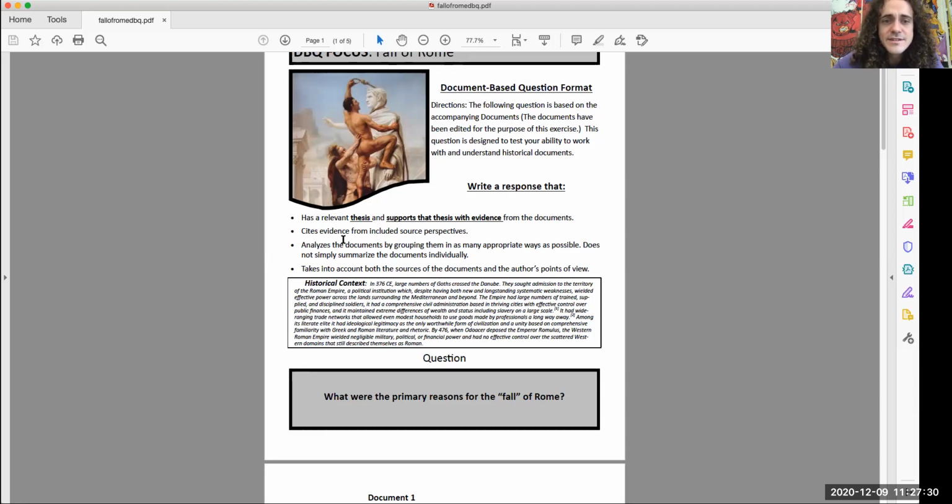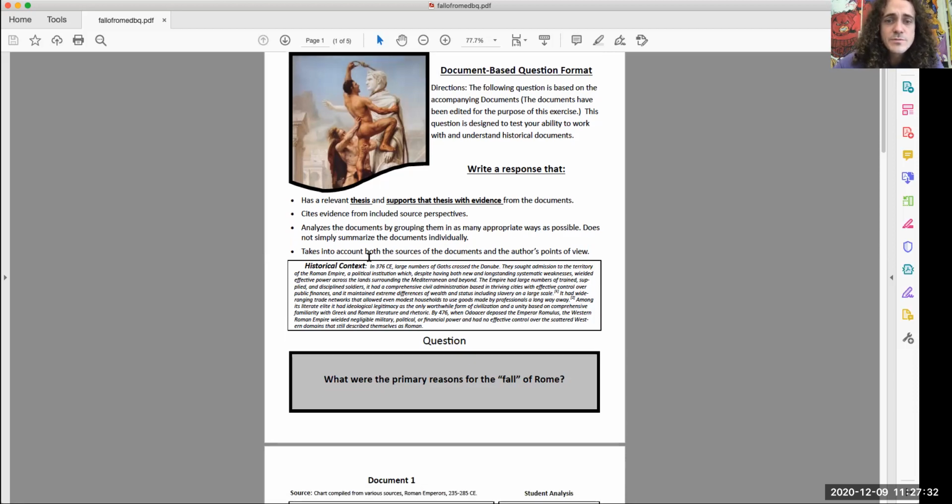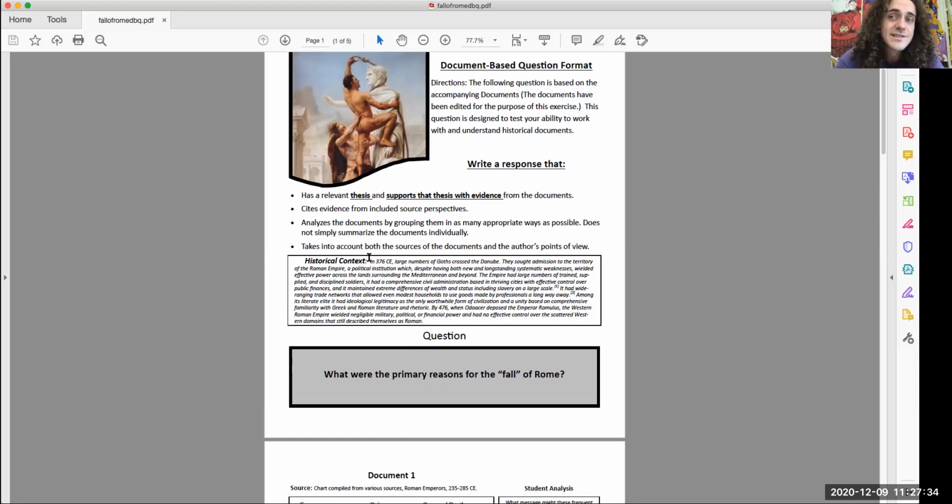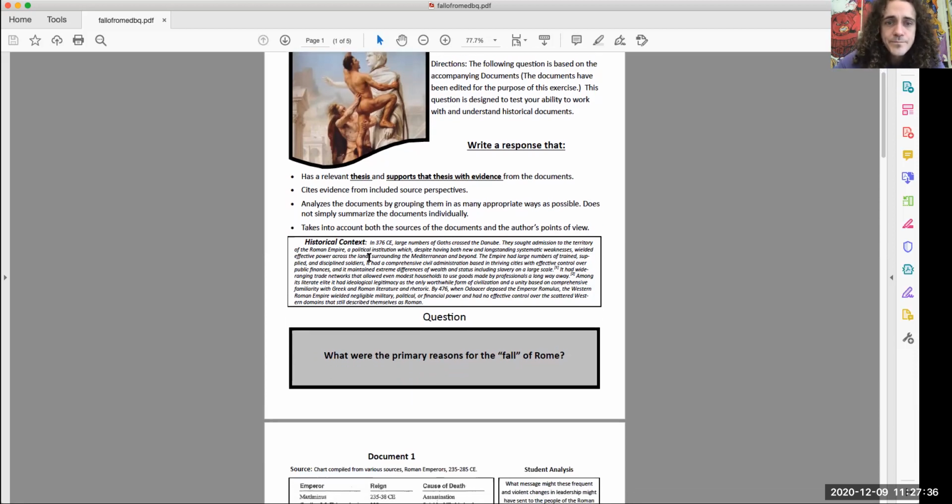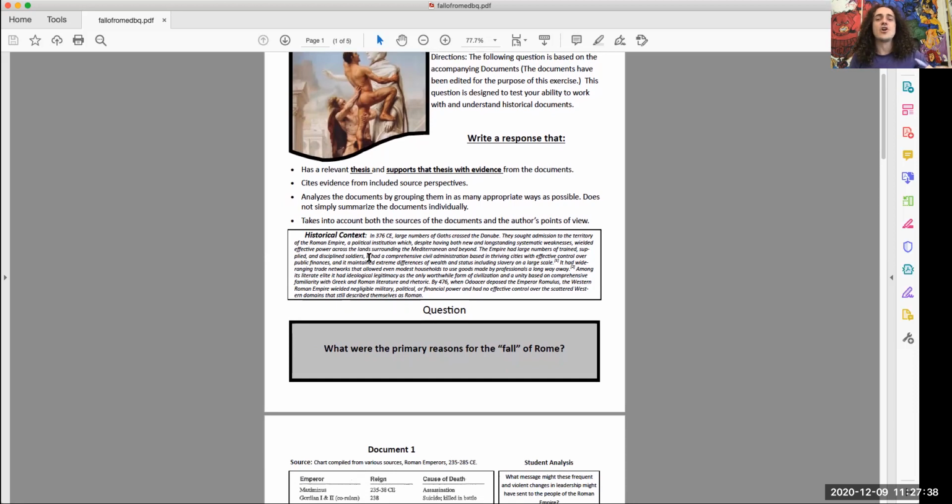The next one says cites evidence from included source perspectives. That means just use the sources in the documents. It says it analyzes the documents by grouping them in as many appropriate ways as possible, and does not simply summarize the documents individually. That means there can be crossover. So if document 1 and document 4 have the same facts that support your claim, you can mix them together.